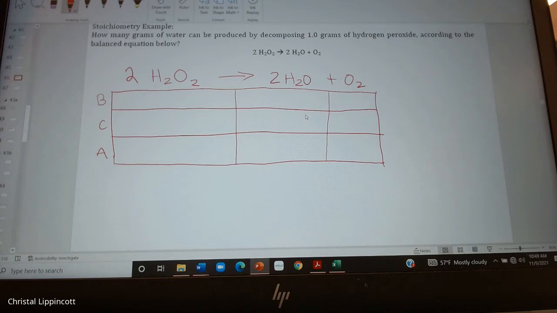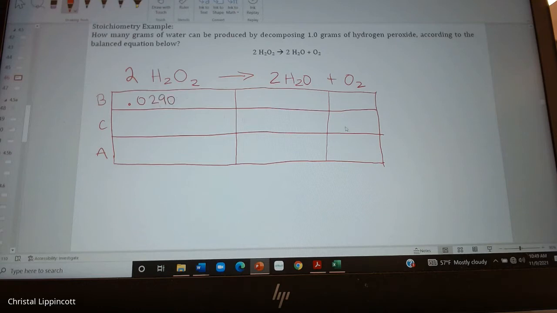You're going to take that 1 gram and you're going to divide it by the molar mass of hydrogen peroxide, which is 34 grams per mole. And when you do that, you're going to end up with 0.0290.